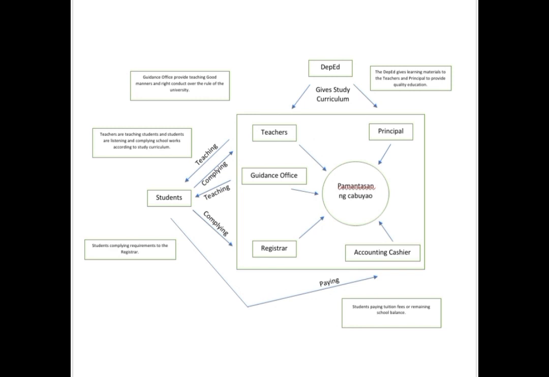So makikita nyo dun sa below, makikita nyo dun sa diagram system, kumbaga nasa inside ng Pamantasan ng Kabuyaw yung mga faculty members, kasi sila yung inside members, sila yung components na bumubuo sa Pamantasan ng Kabuyaw, while itong students and DepEd is yung mga nasa labas para provide ng input sa system.